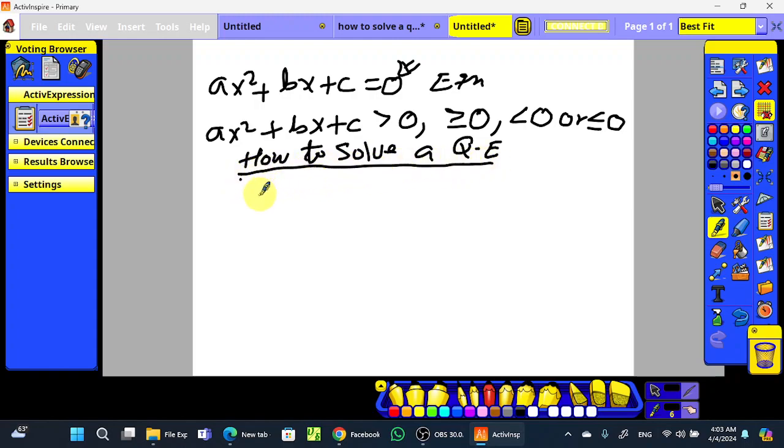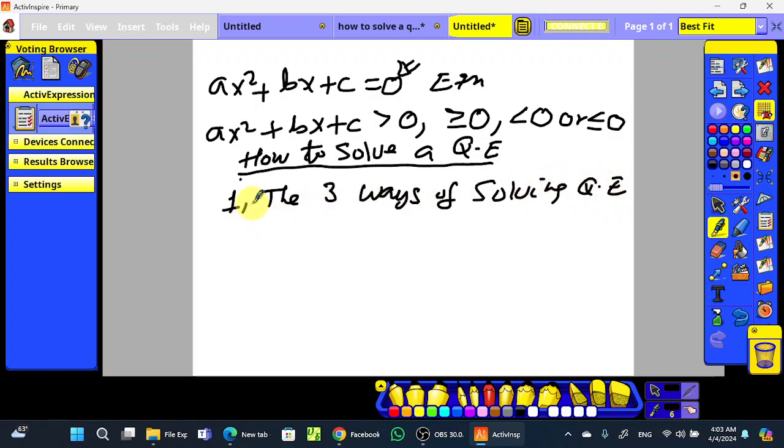Before taking an example, what are the ways to solve a quadratic equation? There are three ways of solving a quadratic equation. Number one, the factoring method.